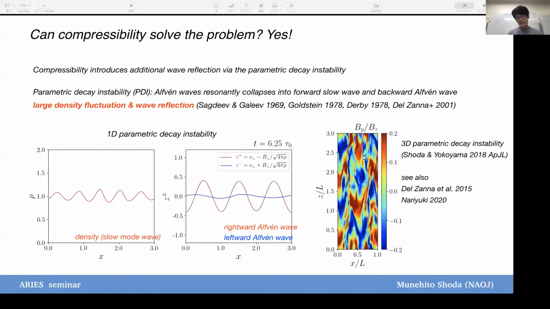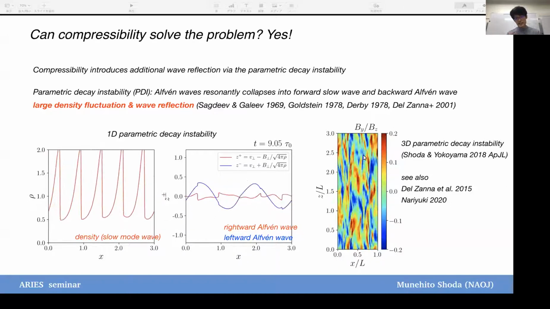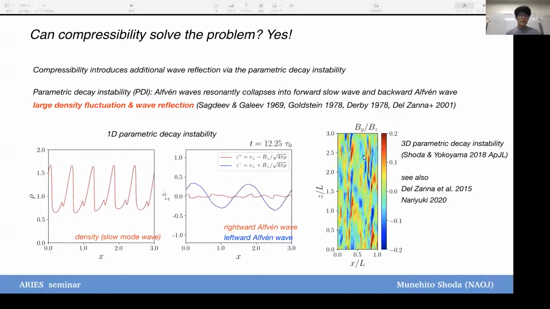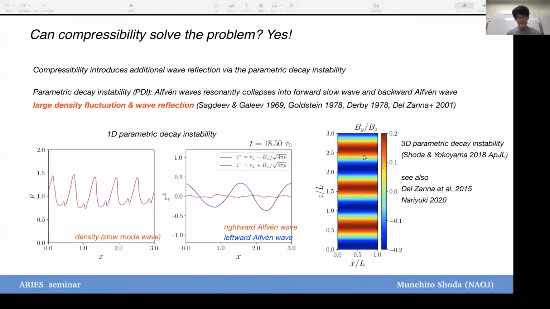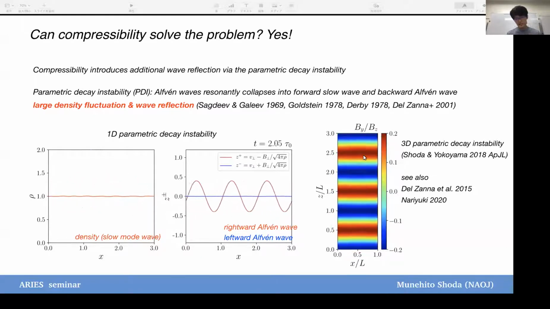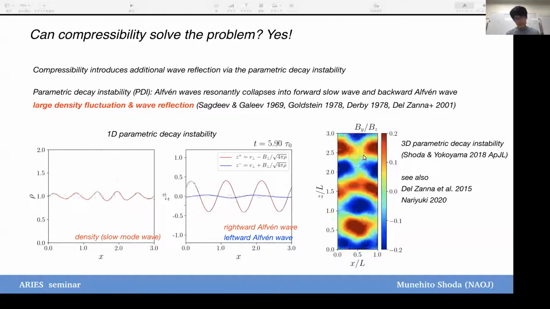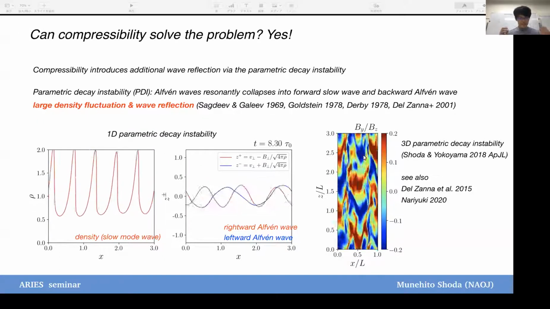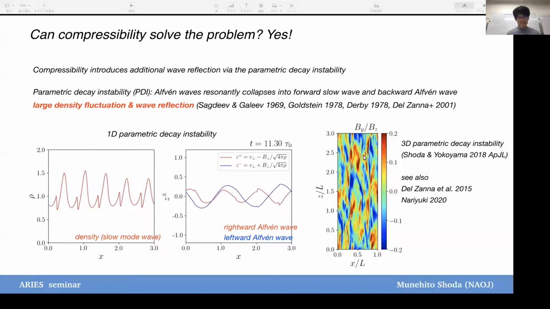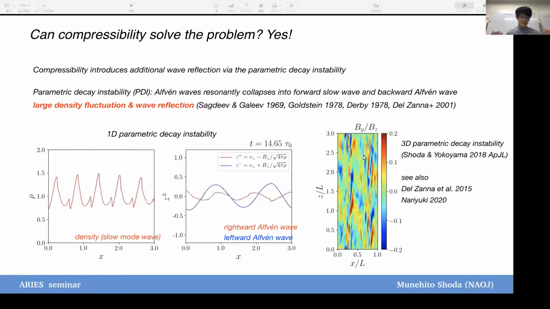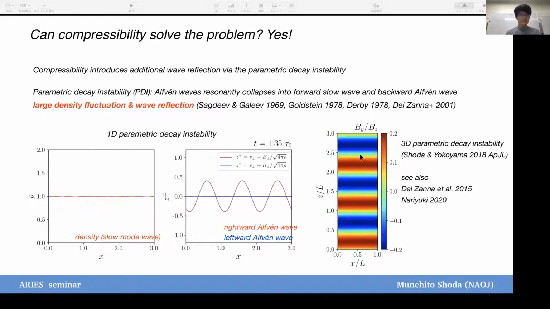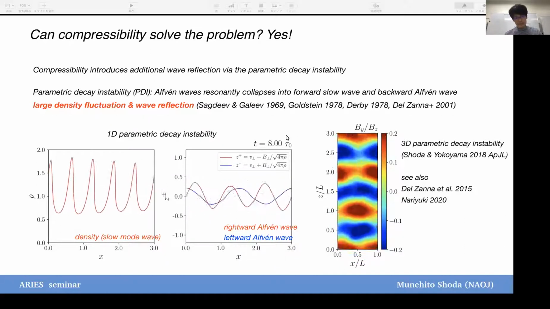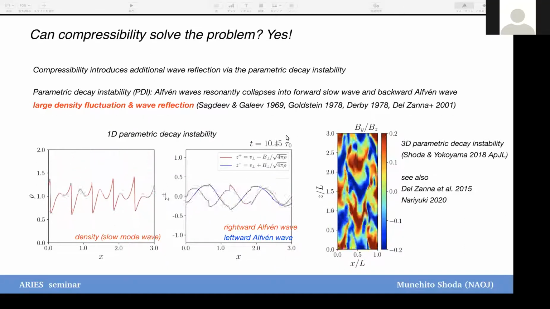If you have the three-dimensional effect in the saturation phase of the Alfvén wave, we have turbulent energy cascading and fine-scale structuring. But the basic is not changed. We have large density fluctuation, and as a result, we have a very significant amount of wave reflection. So the parametric decay instability is actually a key process to solve the problem.